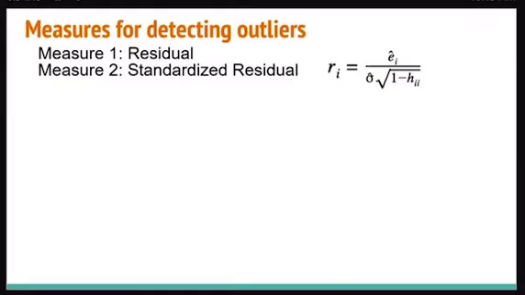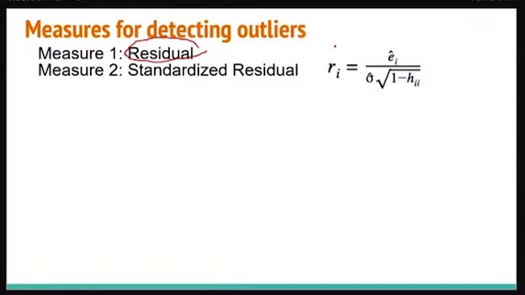Number one is to use the residual. You remember the other time, residual is the difference between the original and the predicted value, the gap. Another way of detecting an outlier is using the standardized residual.